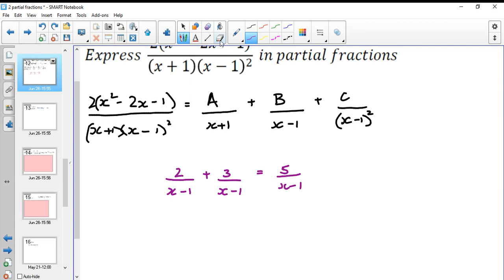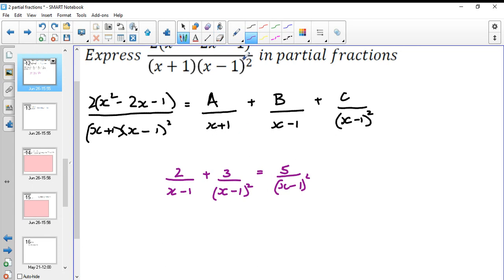So that x squared doesn't appear. If they were both squared, then I would get a squared denominator.